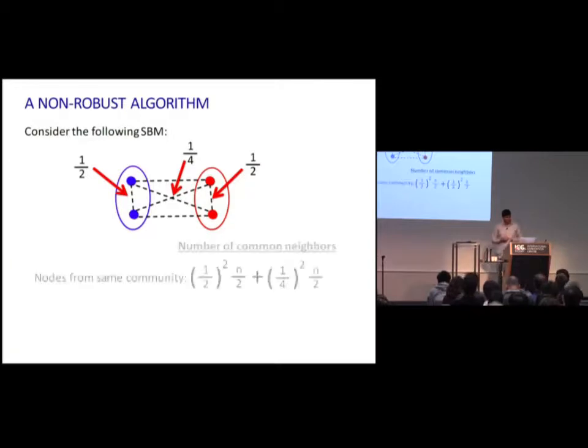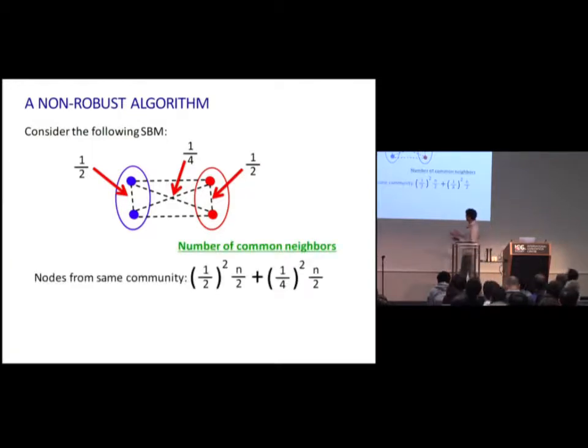There's a really simple algorithm in this dense setting for determining whether two nodes are in the same or different communities. What you can do is literally just count how many neighbors they have in common. If I take two nodes from the same community, let's pretend they're both from the blue community, and I count how many other nodes share an edge to both of those two nodes, then if that extra node comes from the same community, he's also blue, then each of those edges appears with half probability, so we get this contribution.